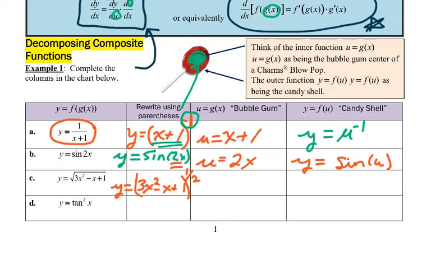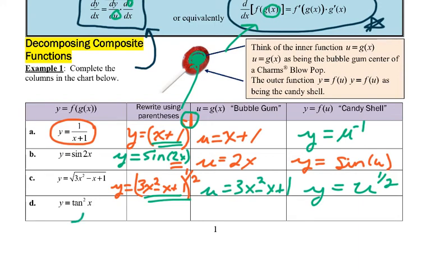The other function is the candy shell. Okay, so I'm going to be saying, what's the gum? Sometimes I say, what's the guts? But it's the g of x in this scenario over here. All right, so my u is 3x squared minus x plus 1. So y would equal my u to the 1/2 power.